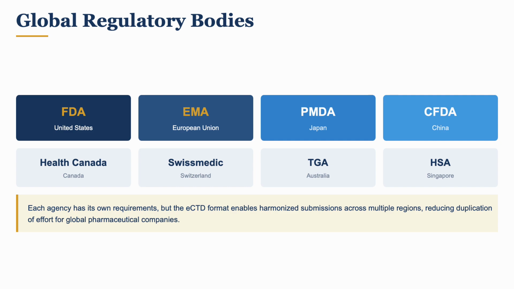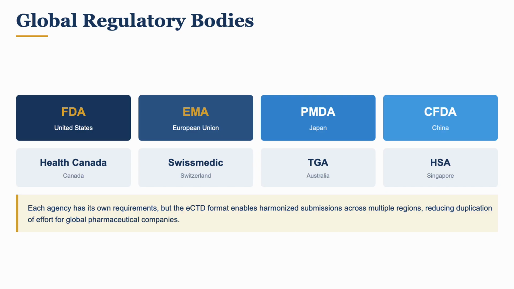Without a common format, pharmaceutical companies would need to create completely different submission packages for each market. The eCTD doesn't eliminate all differences. Module 1, as we'll see, remains region-specific. But Modules 2 through 5 are common across regions, which significantly reduces the work required for global submissions.